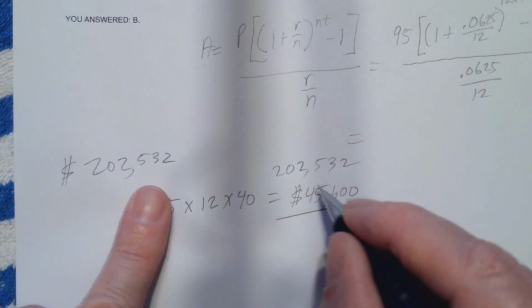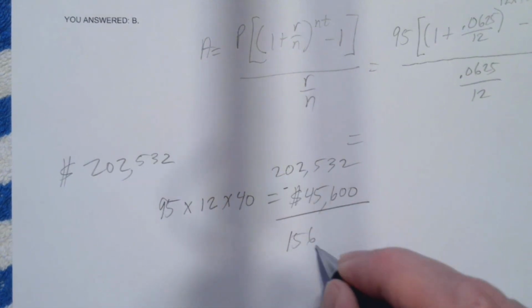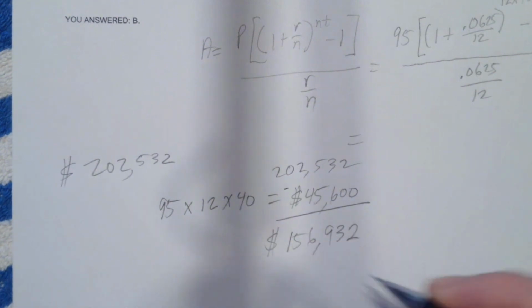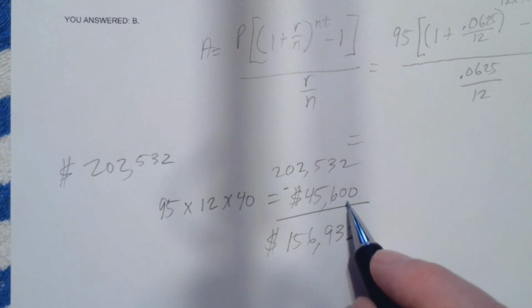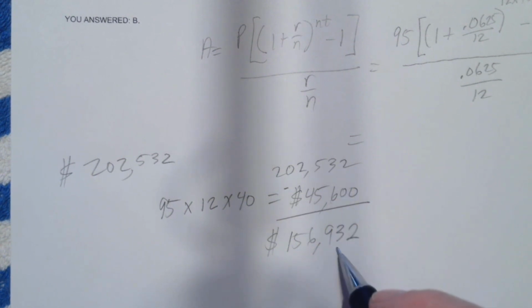If you subtract these two numbers, you get 156,932. And so that's your interest that was earned. This is what you contributed in those $95 payments for 40 years, subtracted from what the value of the account is after 40 years. That tells you how much interest you earned.